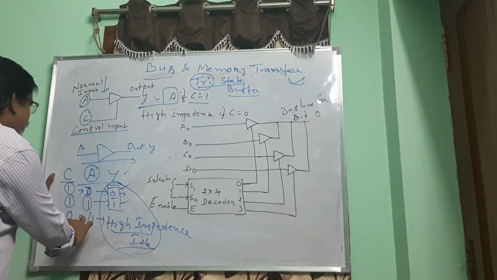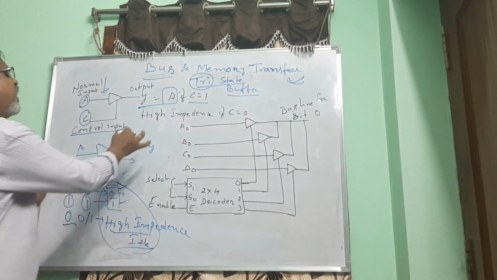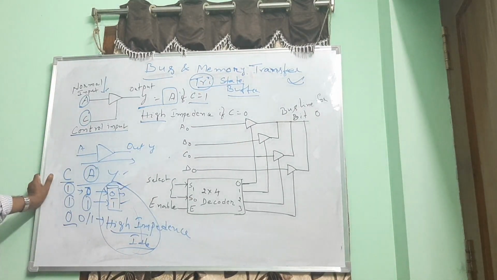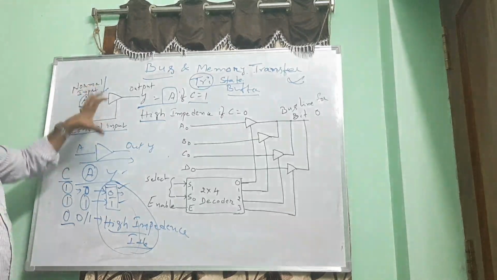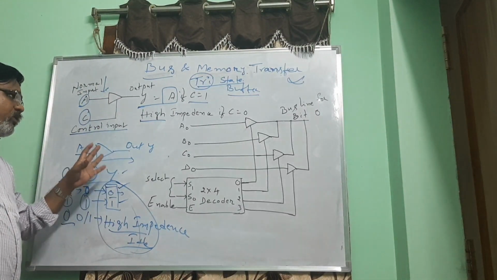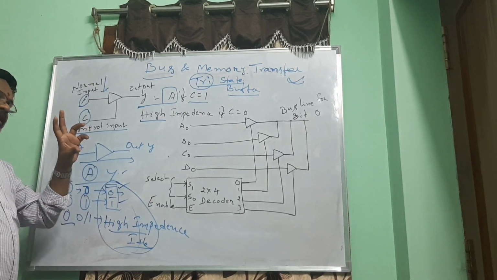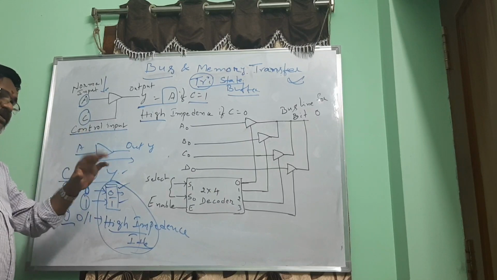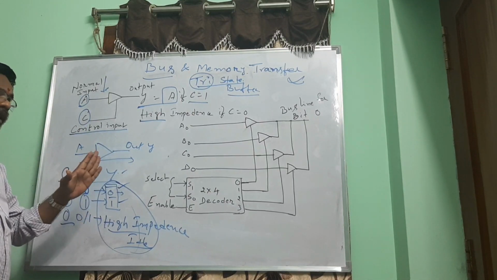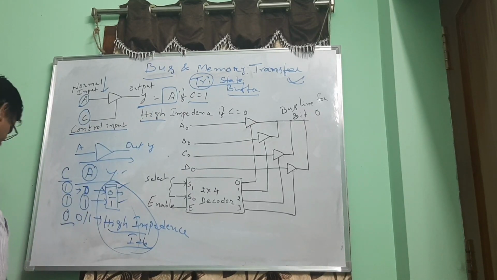If C is 0, it acts as a tri-state buffer, where the special state called the high impedance state will be generated as the output. So this is the basic functionality of your tri-state buffer. Now, how a bus is constructed using tri-state buffer, or how a bit is transferred to the bus line using tri-state buffer, we will check out now.